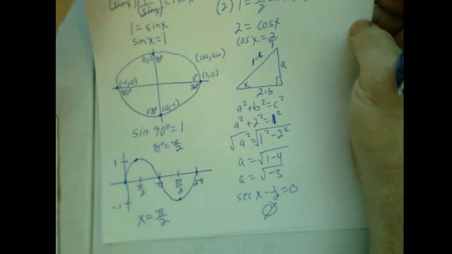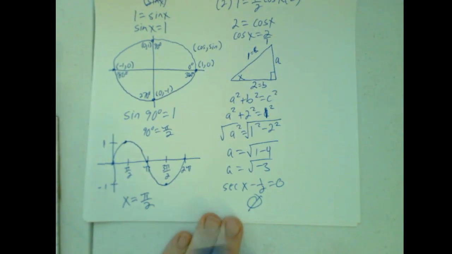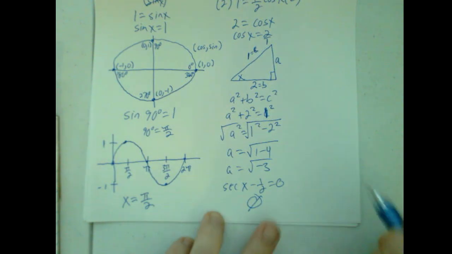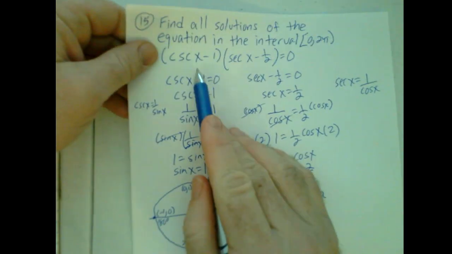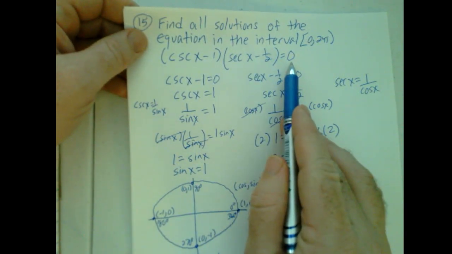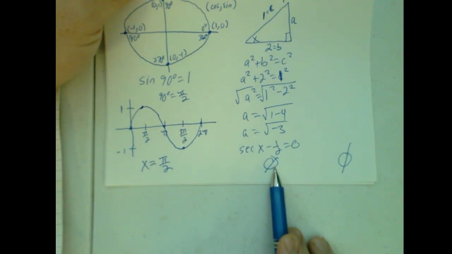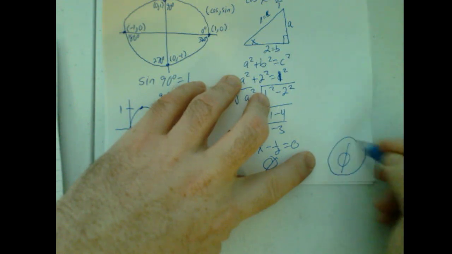And so basically we have pi over 2 times undefined, and the final answer is going to be undefined, because we're looking for a value of x that will make both factors equal 0 at the same time, and we don't have that because secant x minus 1/2 is undefined. So the final answer for this problem is undefined.